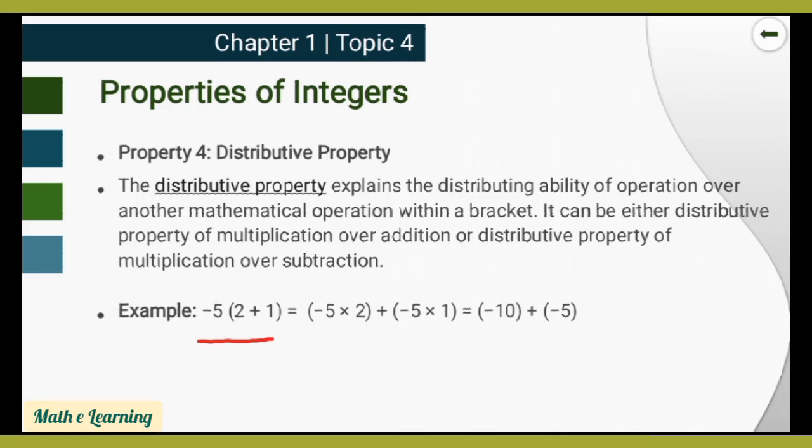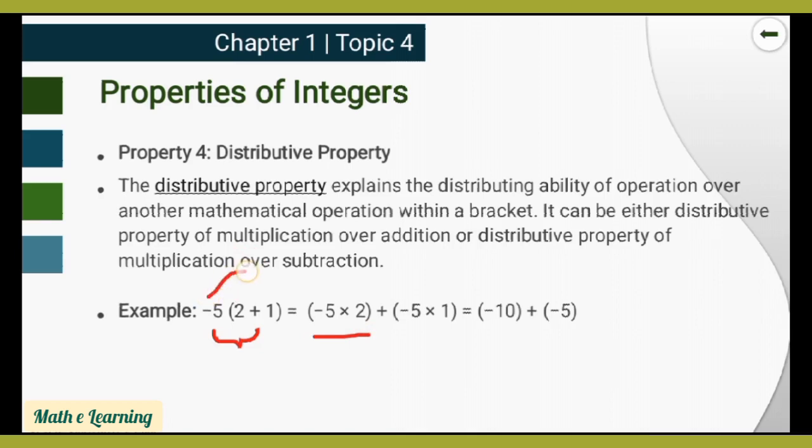-5 multiply by, into the brackets, 2 plus 1. That means multiplication is distributed over addition. And here we multiply -5 with 2 first.